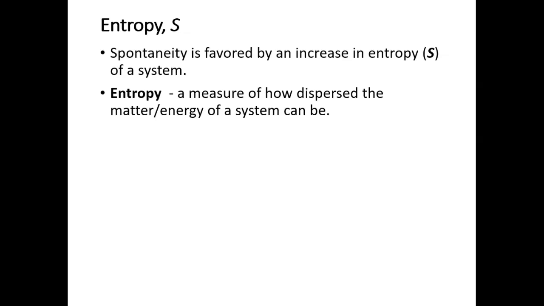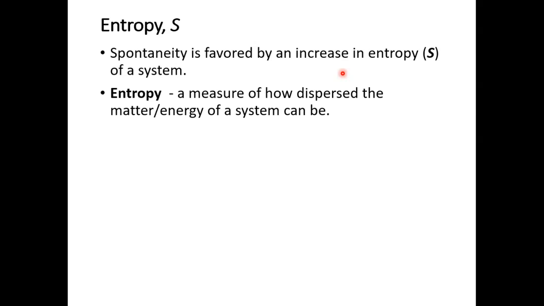This thing called entropy can tell us if a reaction is spontaneous or not. It is not the only thing that can tell us if it's spontaneous, but it's going to be part of the picture. It's going to be part of what we learn about.